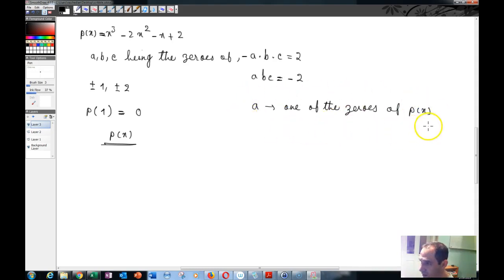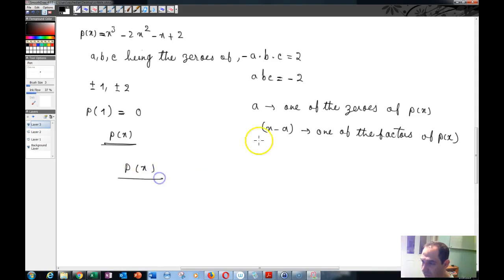If that's the case, then if A is one of the zeros of P of X, then X minus A is going to be one of the factors of P of X. And so since this is a factor of P of X, that means that if I divide P of X by that factor X minus A, that's going to give me some quotient, for example Q of X, plus a remainder, 0 being the remainder.